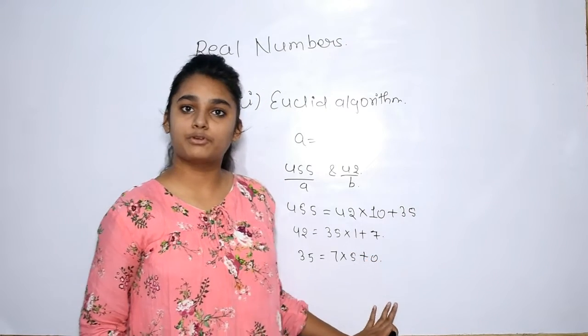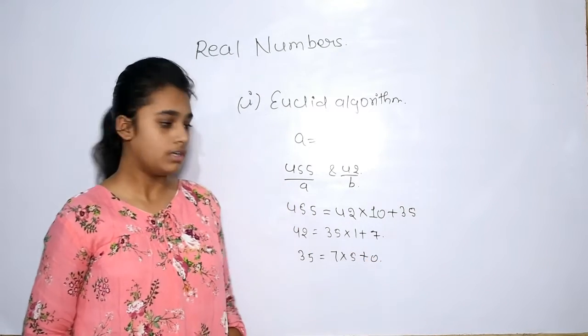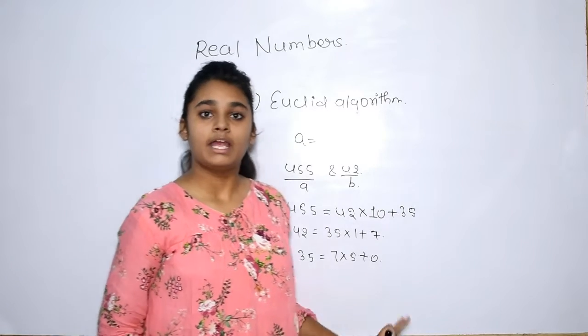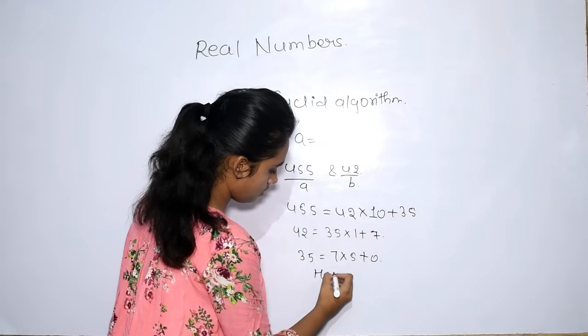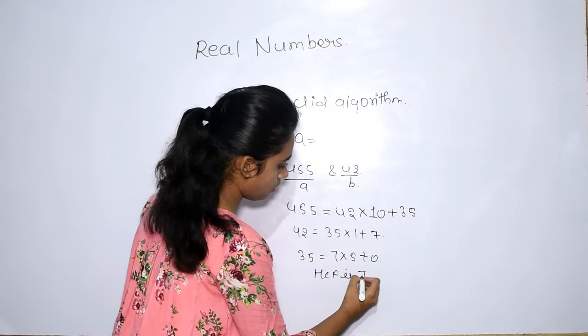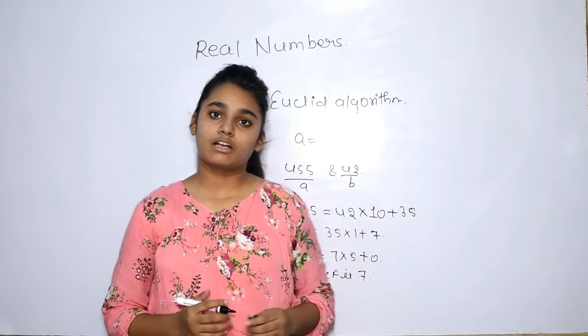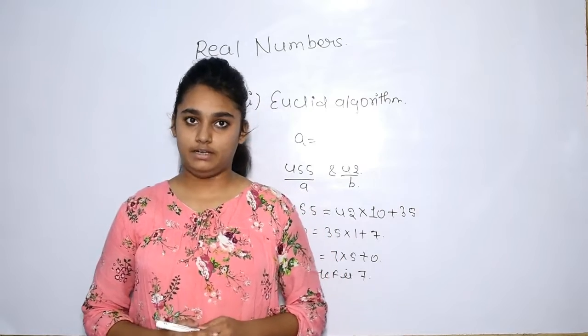This process we have to do until our remainder is 0. See, the remainder is 0 here and our HCF is our divisor. So our HCF is 7. This algorithm is too simple to understand.